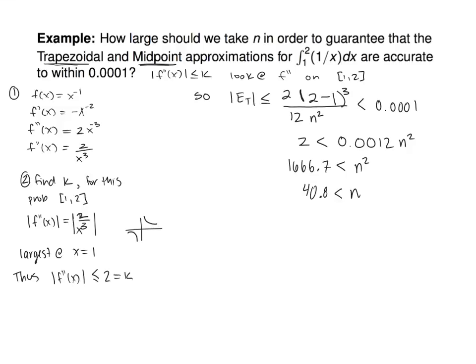If this was 40.1, 40 wouldn't be accurate enough. So for the trapezoid rule, n must be bigger than or equal to 41. For your final answer, I want the whole number, so that I know you understand that I can't do halves or 8/10 of a piece, right? Does that make sense?